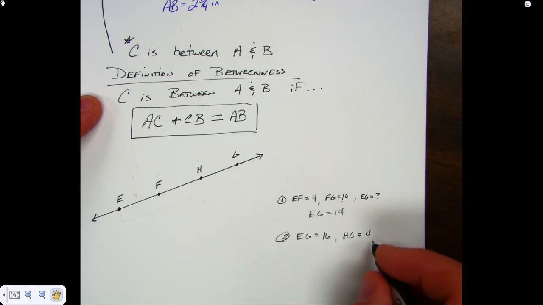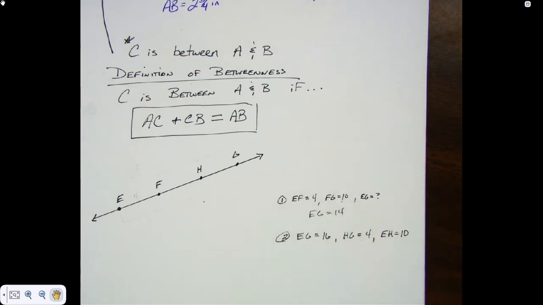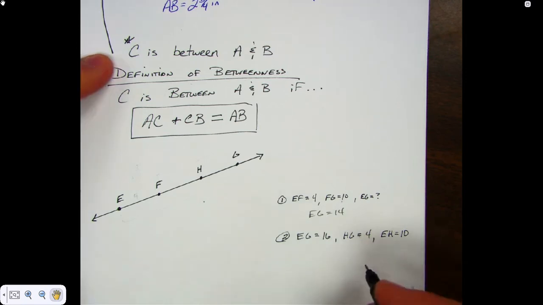EH is equal to 10. Find EF, FH, and FG. I think I gave you enough information. I got to look at it though.